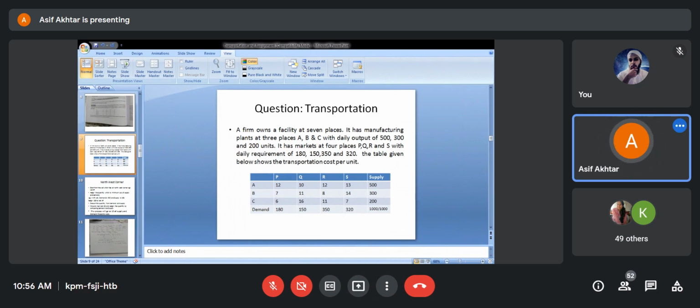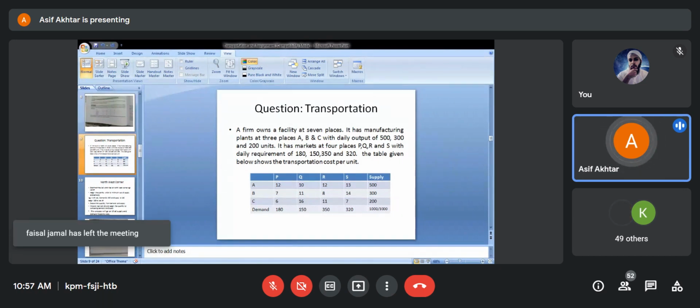In the mathematical analysis, the logic is given in the word used for the method. What is that logic? The method is named as northwest corner. So what is this northwest corner? You have seen this table, and there are many cells in this table, starting from 12 figure to the last 7. So from 12 to 7, you will see there are many cells. Now in each cell, you have to move ahead.